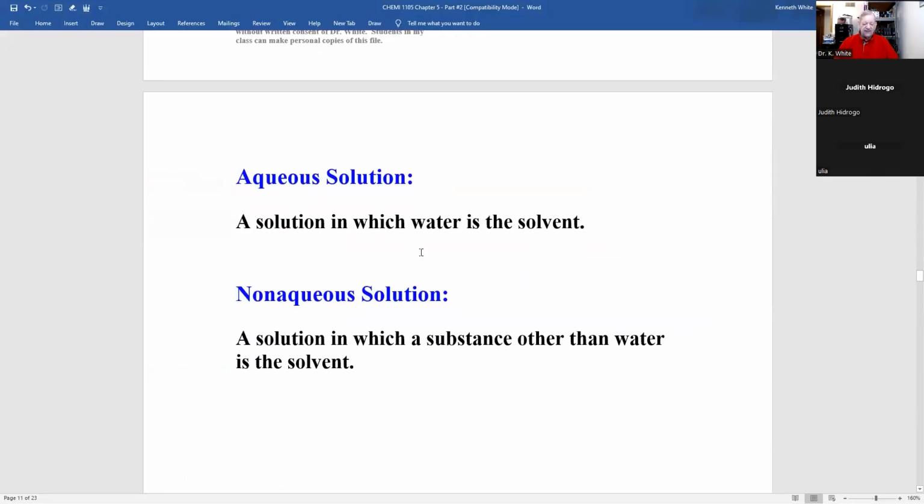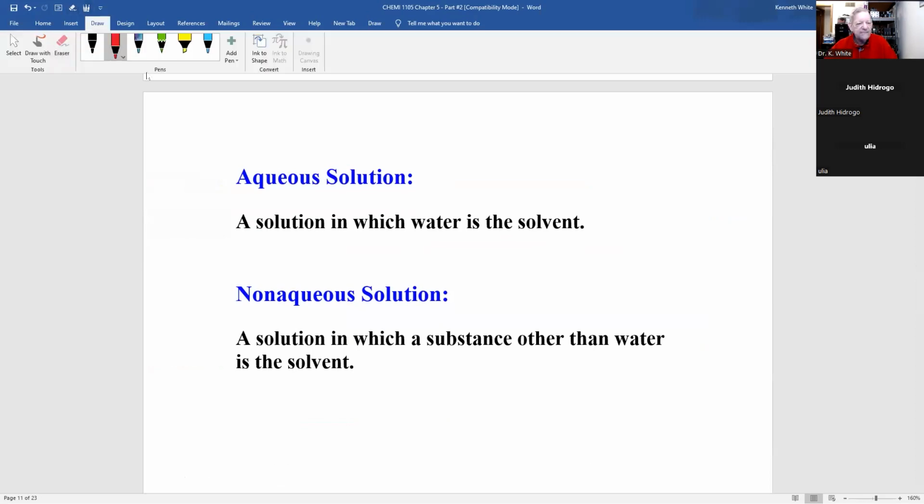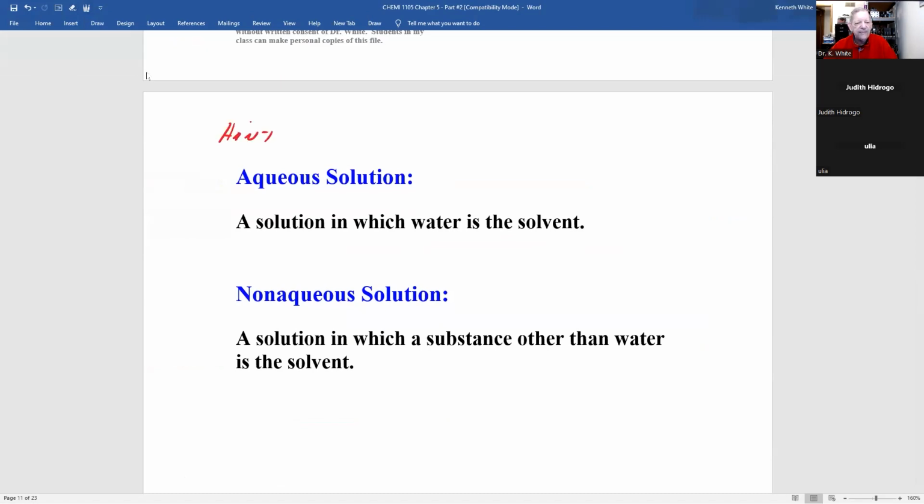Now, something that's very important. On these slides, you should know these, but this is one of the most important things you should know. What is an aqueous solution? An aqueous solution is a solution in which water is the solvent.